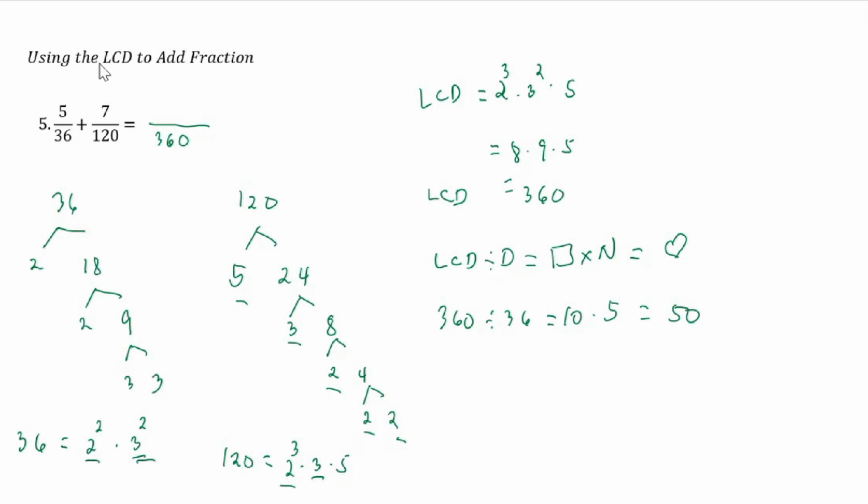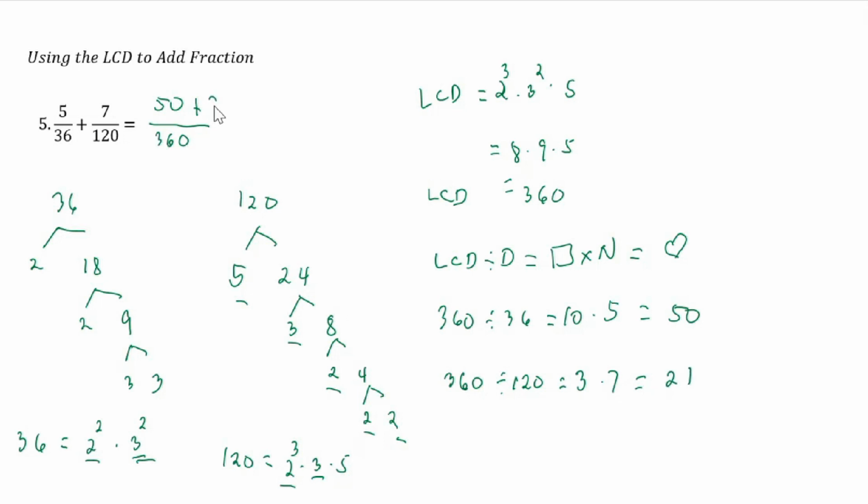So I can write here 50 plus, and do the same procedure. We have 360 divided by 120. The quotient is 3, times 7. So the product is 21.